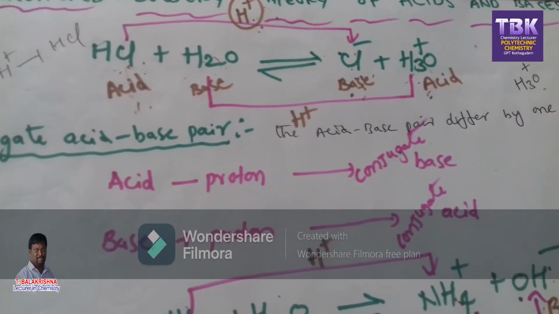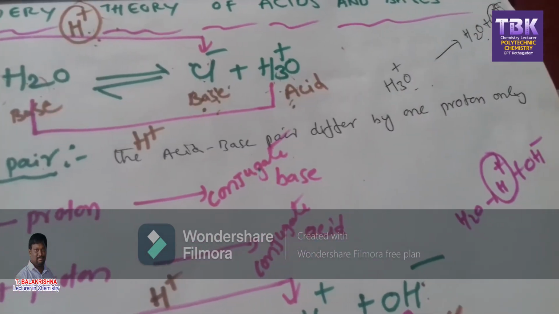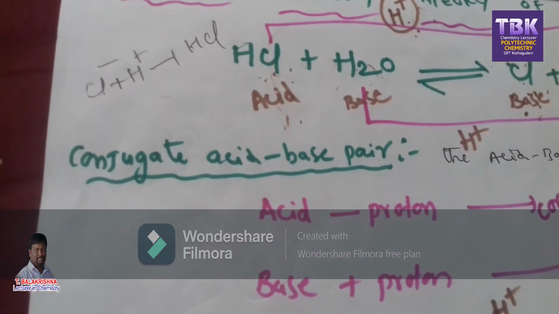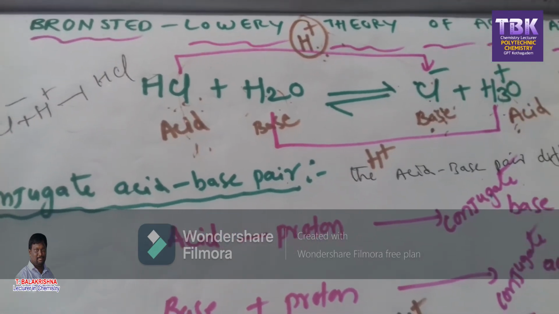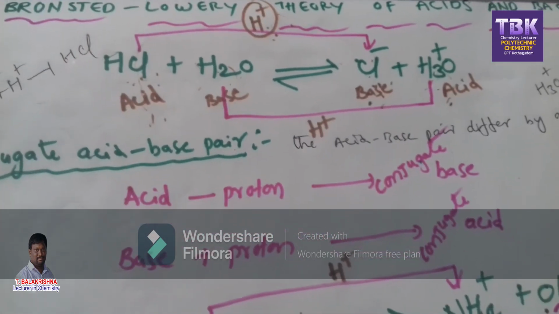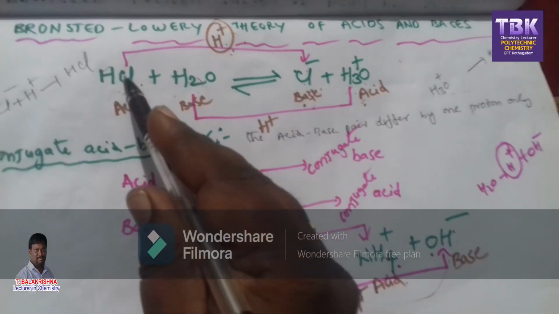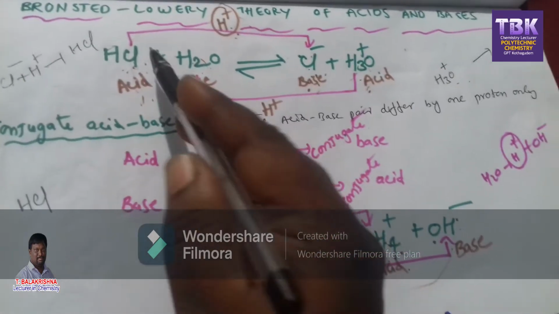The definition of a conjugate acid base pair: an acid base pair that differs by only one proton is called a conjugate acid base pair. We take one example. Here HCl is an acid.